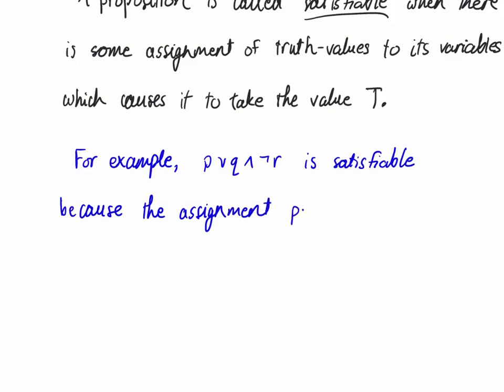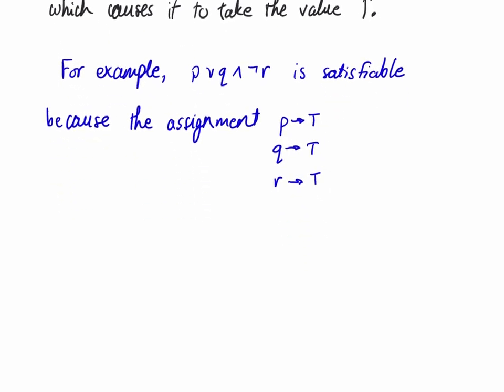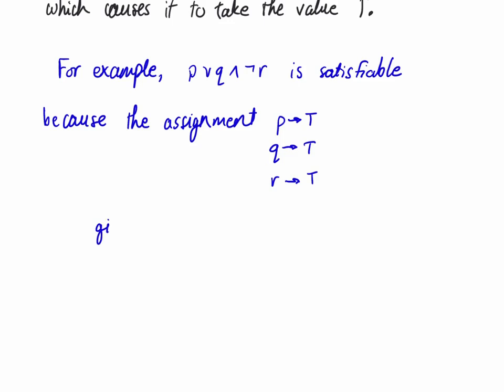Anyway, continuing with this example, let's look at the truth value assignment, assigning P to true, Q to true, R to true, and recall that because we are using the binding precedence, the conjunction binds more tightly, and so we evaluate it first.